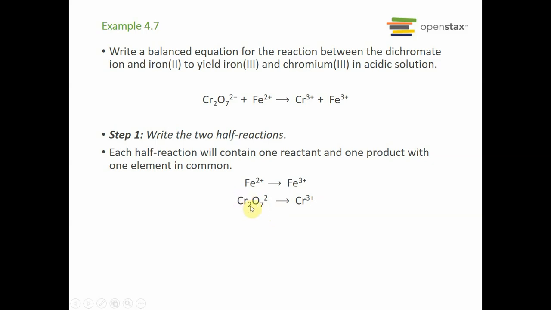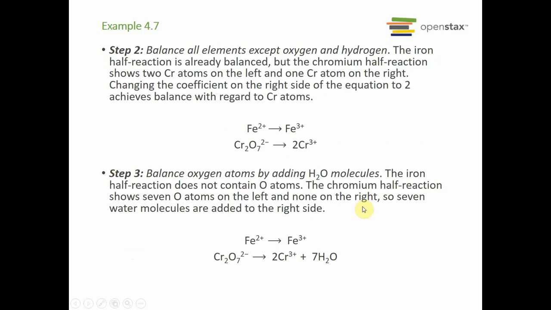And so your minus 14 will move to the other side of the equation, giving you plus 12, and then you divide it by 2, it's 6. So this is chromium in the 6 plus oxidation state going to chromium in the 3 plus oxidation state.